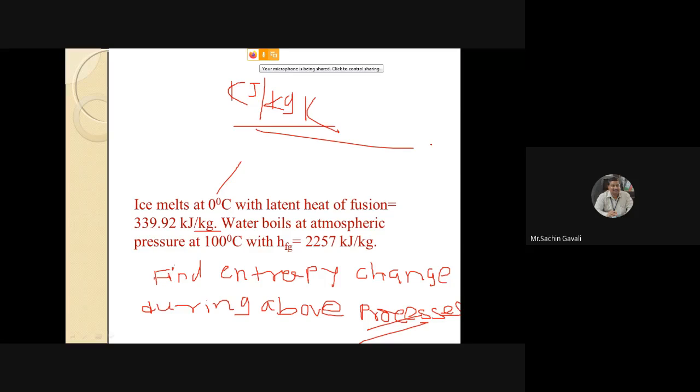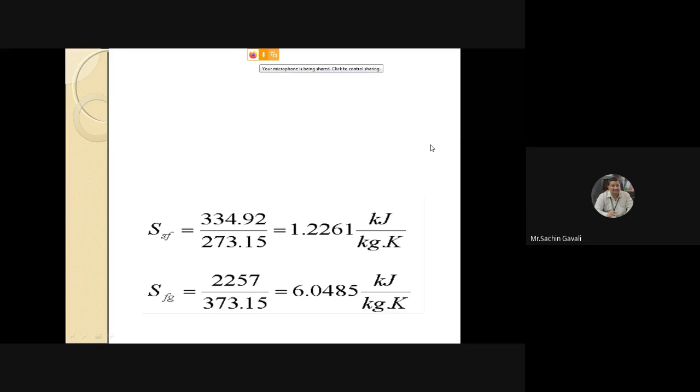Shall I go for calculation directly? Correct. So here entropy change, S_fs means entropy change, is equal to what is the formula? Delta S we know is equal to h_fs divided by T. The h_fs value they have given is 334.92.